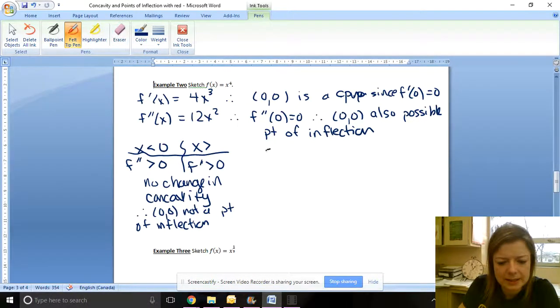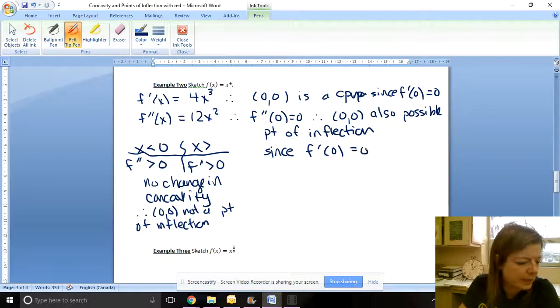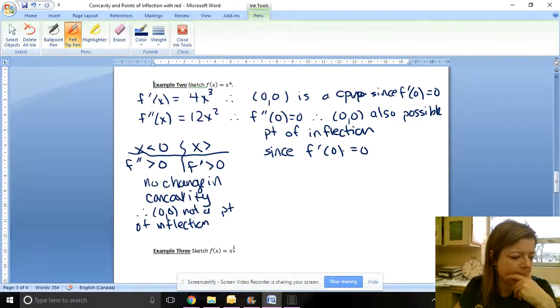Okay, so since f prime at 0 is 0, it's either a local max or a local min.